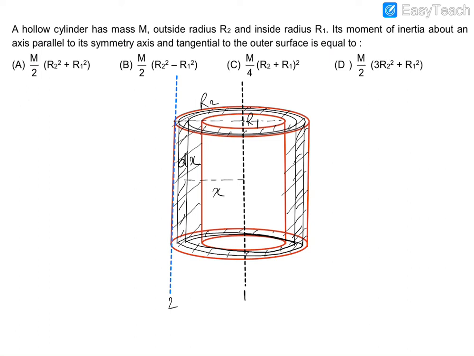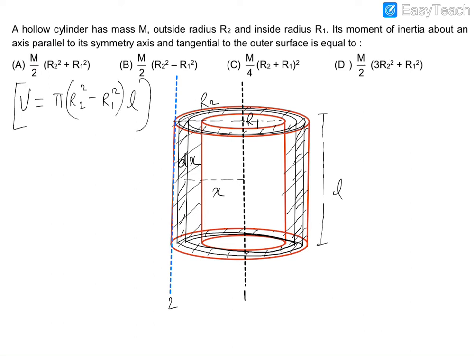So the volume of this cylinder, let us suppose that its length is L, will be V = pi (R2 square minus R1 square) into L. Its mass is distributed on this volume, so its density rho would be m upon V, and therefore the mass of the elemental cylinder dm would be rho into dV.